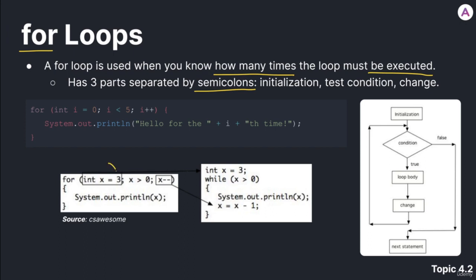We look at the value, we assess whether it passes the test condition, then we execute all the lines of code inside the curly braces, and then we perform the change as indicated in the third section. This basically output to the console 3, 2, 1.